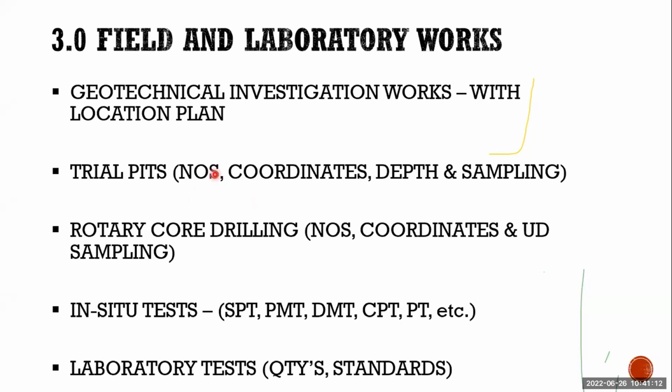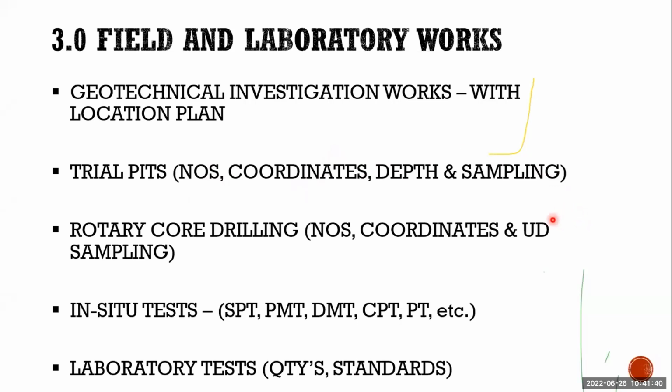What are the coordinates? We have to do the survey also. You can use Google coordinates to locate your position, and record the depth of excavation and sampling. Sampling may be disturbed or undisturbed. You can record the depth of sampling and all.